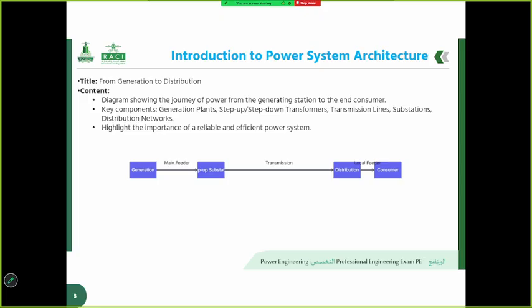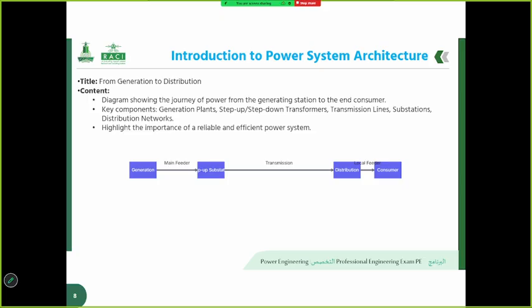So the final stage is the distribution network, which is the local grid that delivers power directly to residential, commercial, and industrial consumers. This network is made up of smaller substations, transformers, and distribution lines that spread out through communities. The key components of the entire system, generation plants, transformers, transmission lines, substations, and distribution networks, must work together seamlessly to ensure a reliable and efficient power supply.